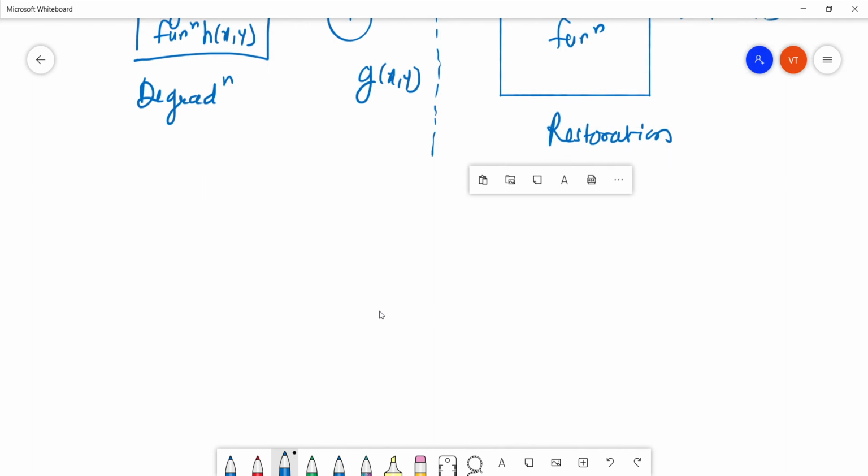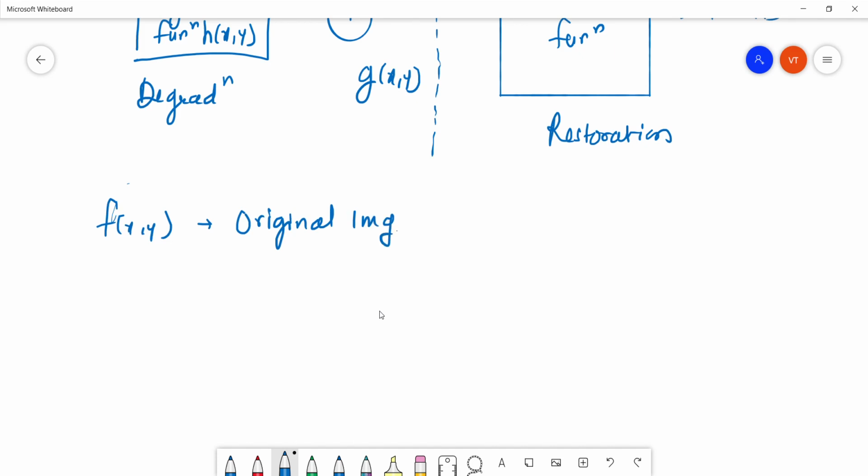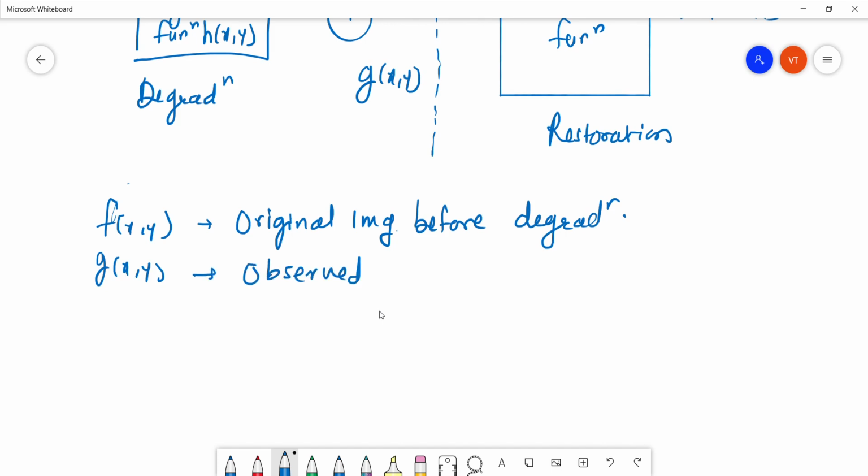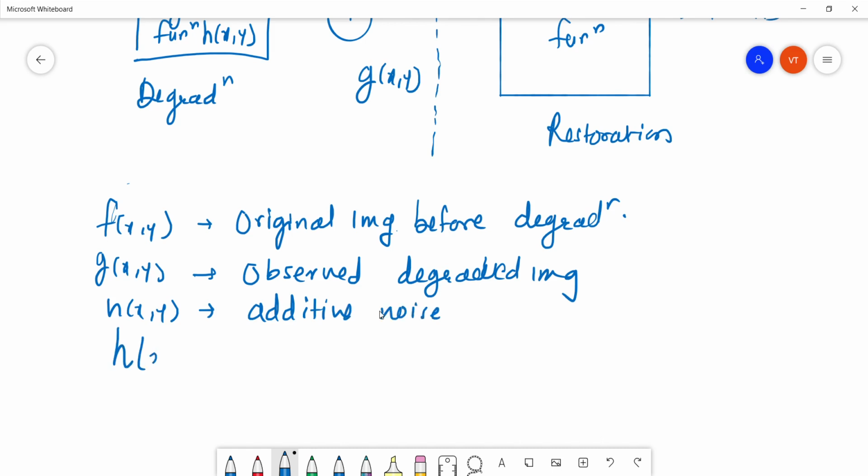So here you now know what is f of x y. f of x y is the original image before degradation. g of x comma y is the observed degraded image. n of x y is additive noise, and small h of x y is the degradation function.